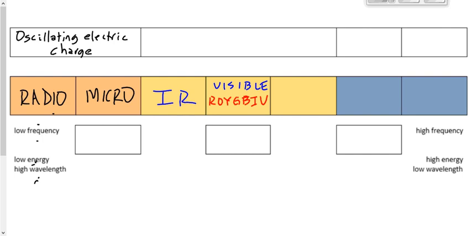What comes after visible light? Ultraviolet. What does the word infra mean? It means below. Where does infrared appear on the spectrum?